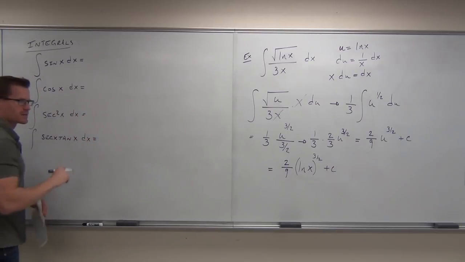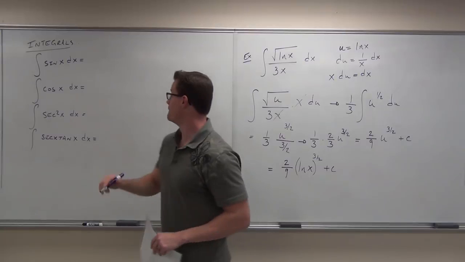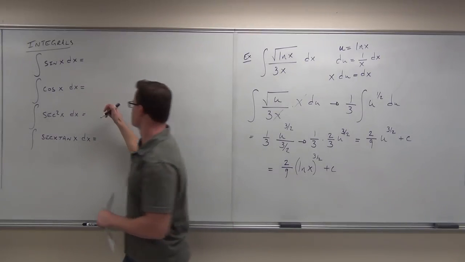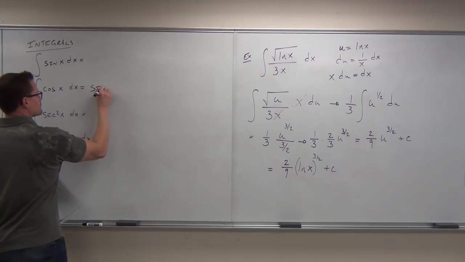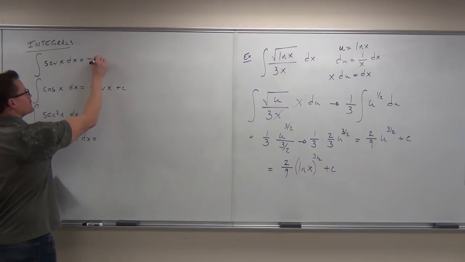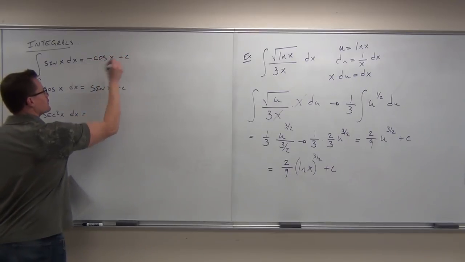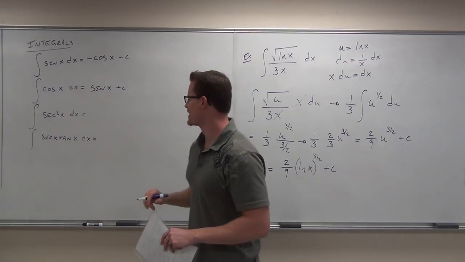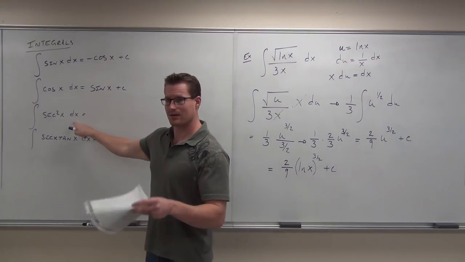We know this one. Let's practice, see what you guys know. Let's start with this one. What's that? Sine. How about that one? Negative cosine. Good. Oh, you guys are good at this. Some of you in the math lab took my advice and actually learned these when I told you to. That's fantastic. How about? Good.